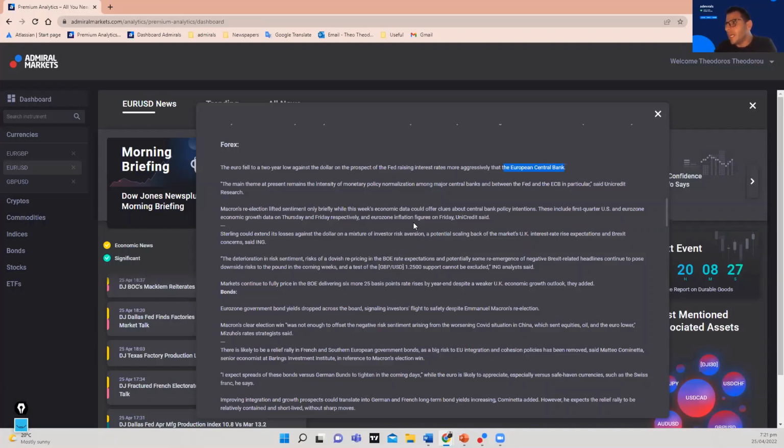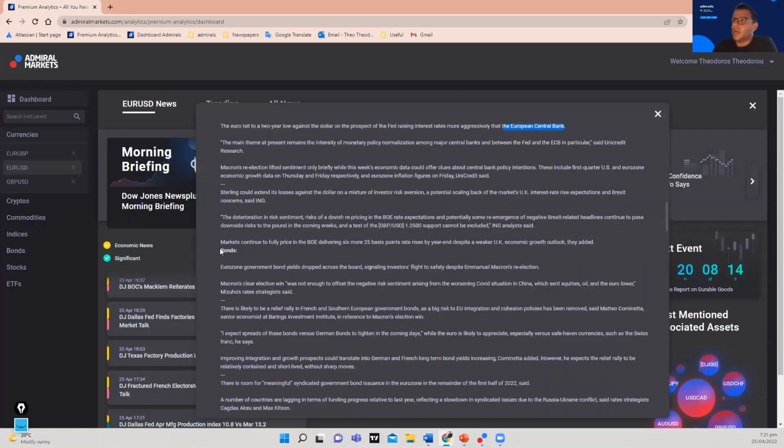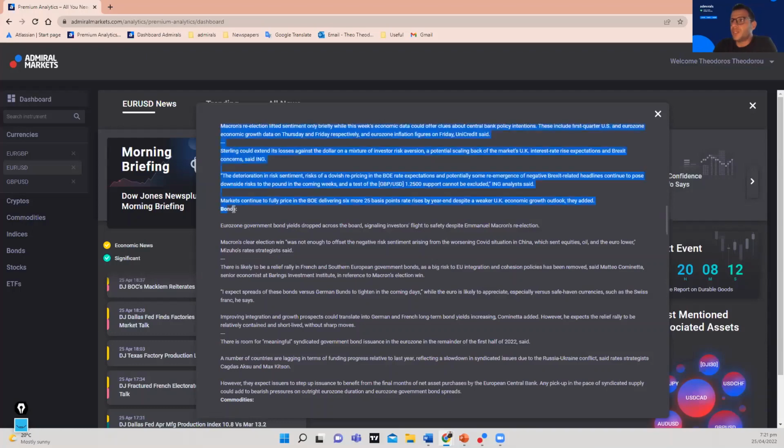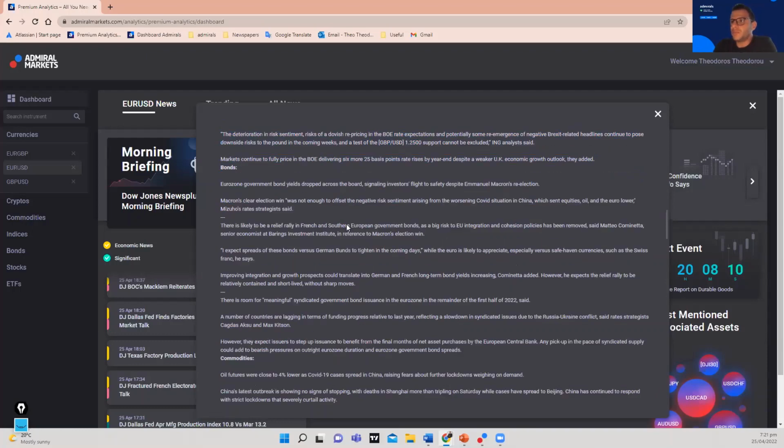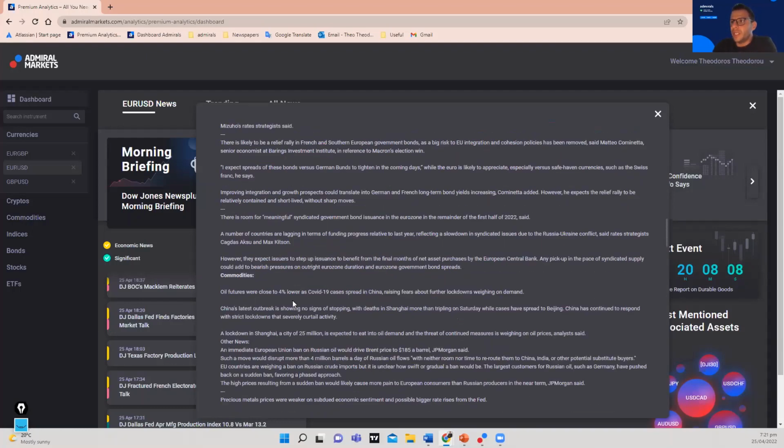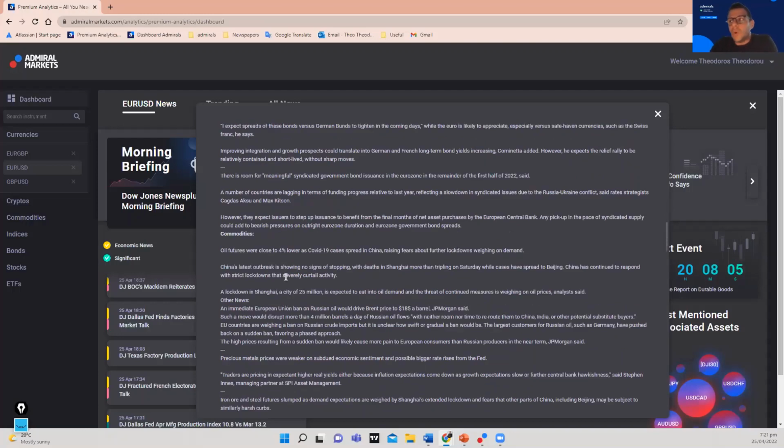As we said before, with the re-election of Macron, we're going to see a bit of reaction in the European economy. You keep scrolling down, you see here the bonds. You can read here on the commodities.